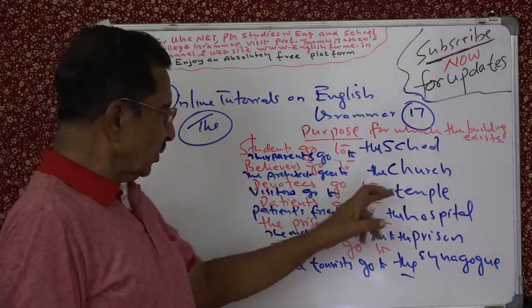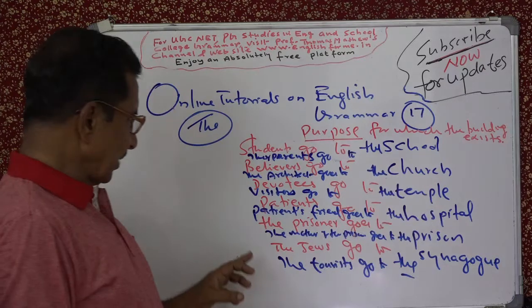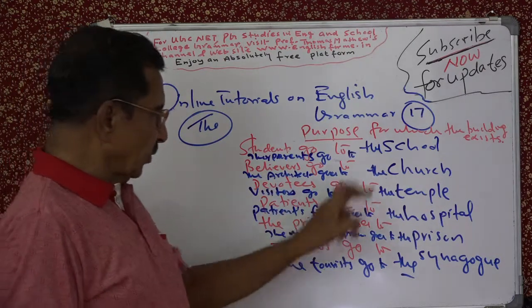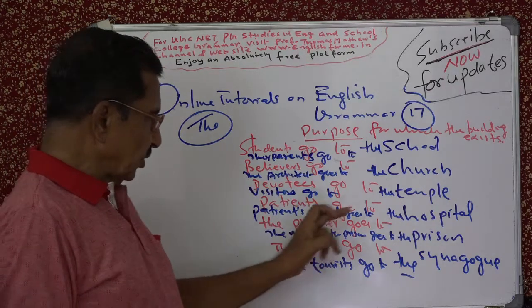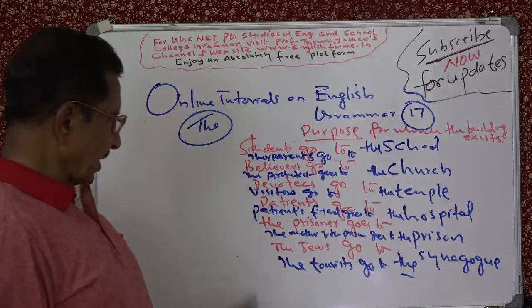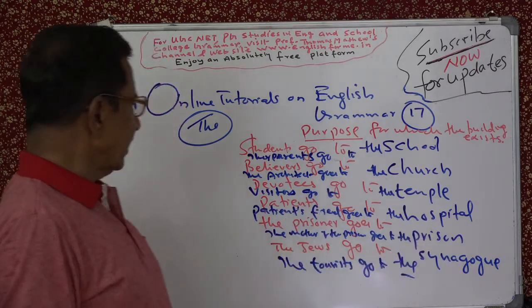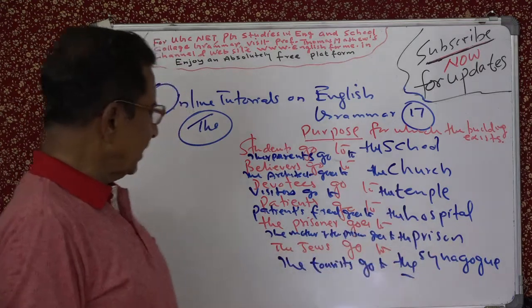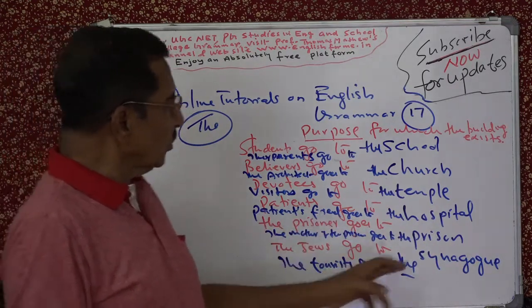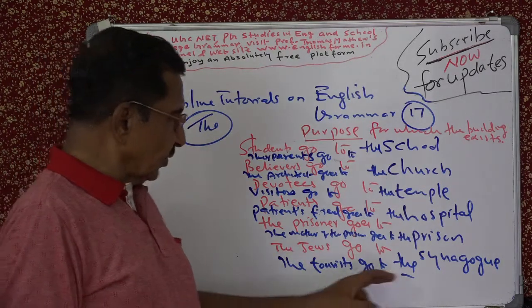Devotees go to temple. Visitors go to the temple. Patients go to hospital. Patient's friend goes to the hospital. The prisoner goes to prison. The mother of the prisoner goes to the prison. The Jews go to synagogue. The tourists go to the synagogue.